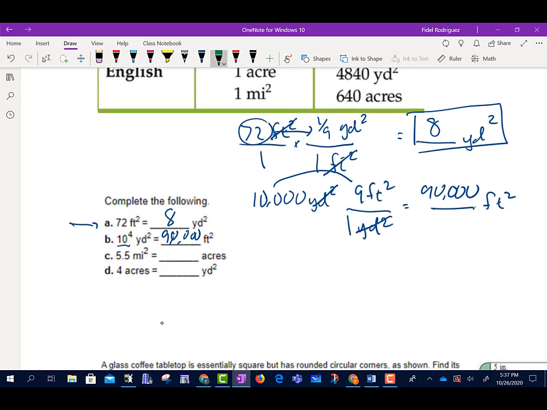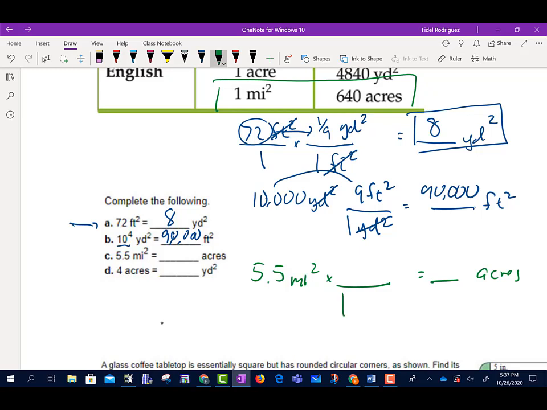All right, let's do part C. We have 5.5 miles squared, and we're going to convert that into acres. Okay, so right here we have some information about miles and acres.